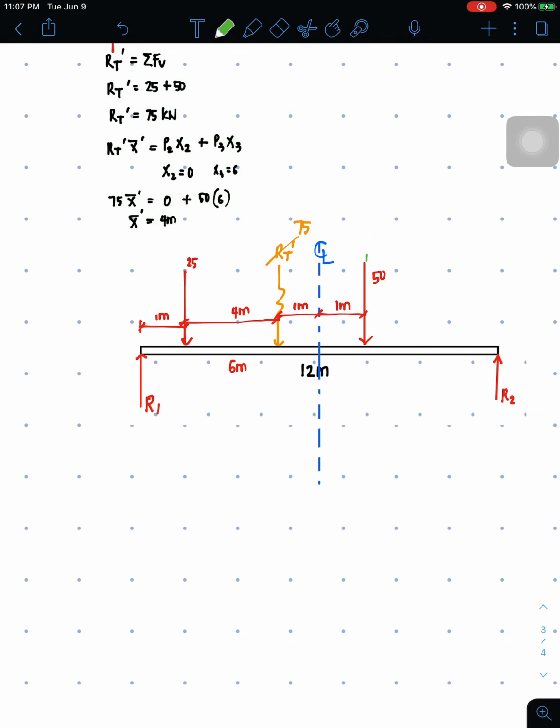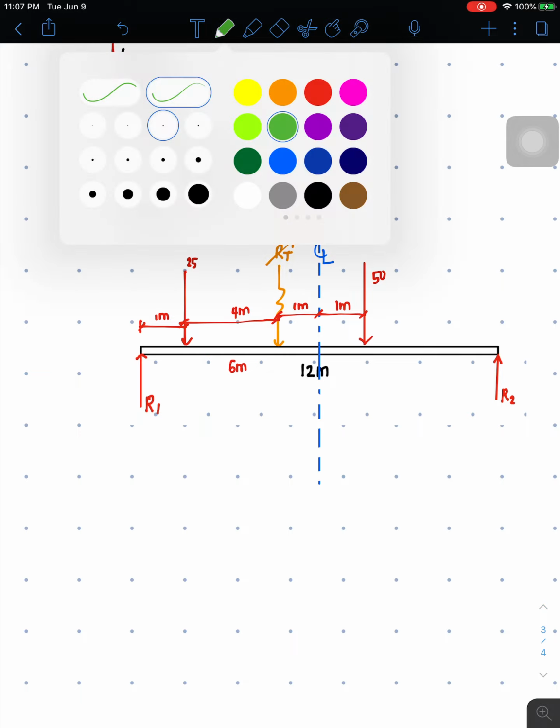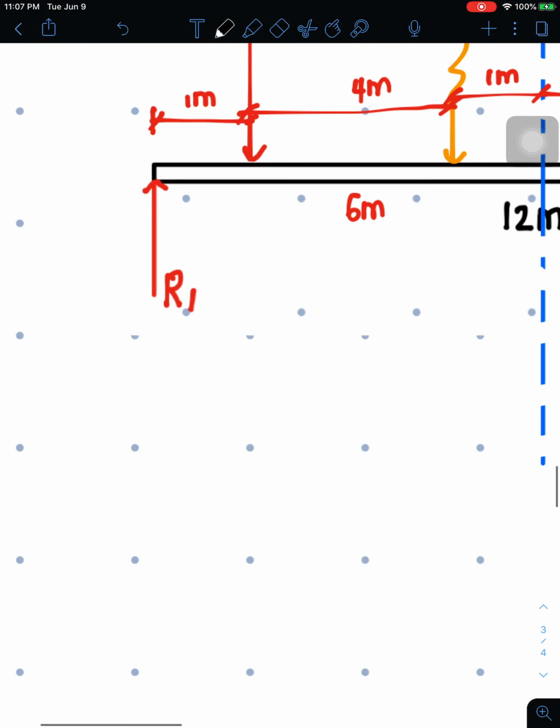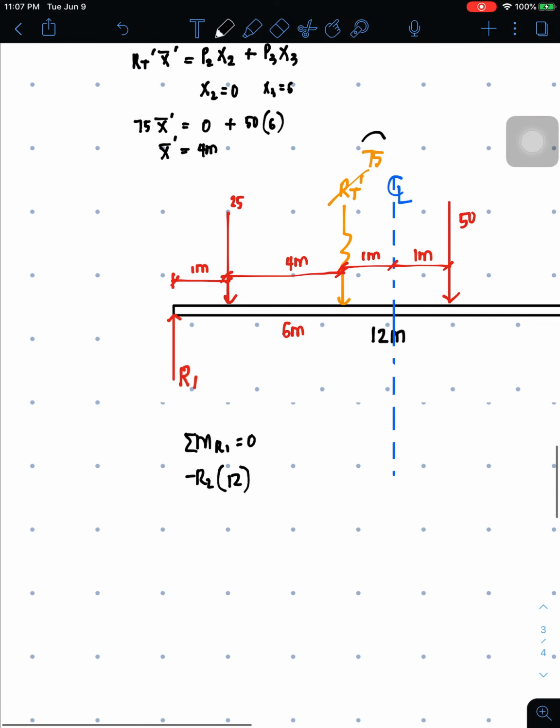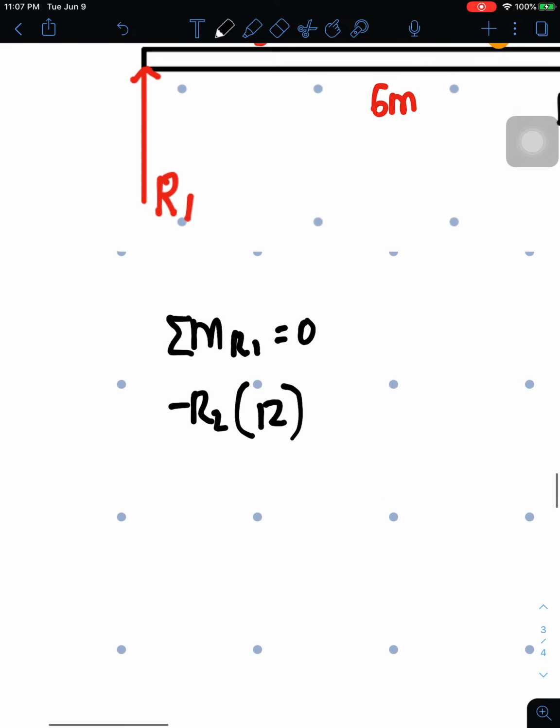And then since we will be cutting this portion here, then it's better to solve for R2. So let's solve for R2. Do not cut the beam first or yet. So summation of moment about R1 para ma-solve si R2. So you will have negative R2 times 12. Then we'll only be using 75 because mo na siyang resultant.